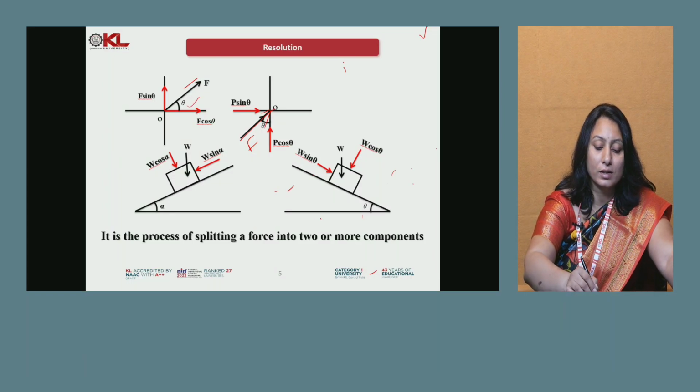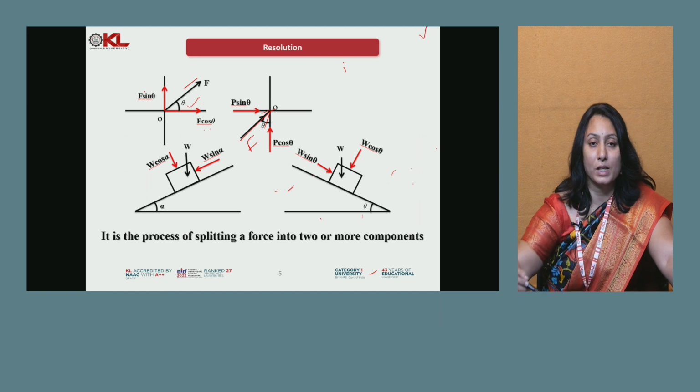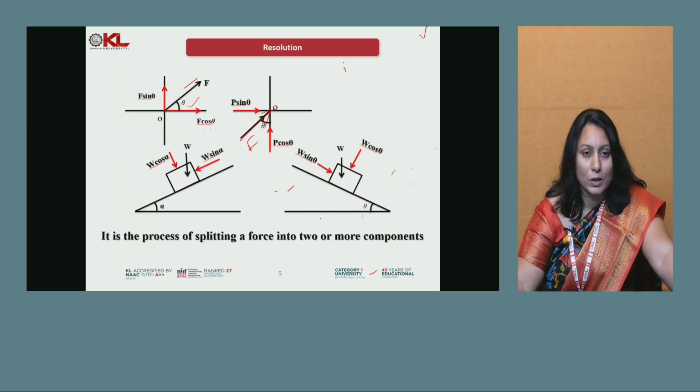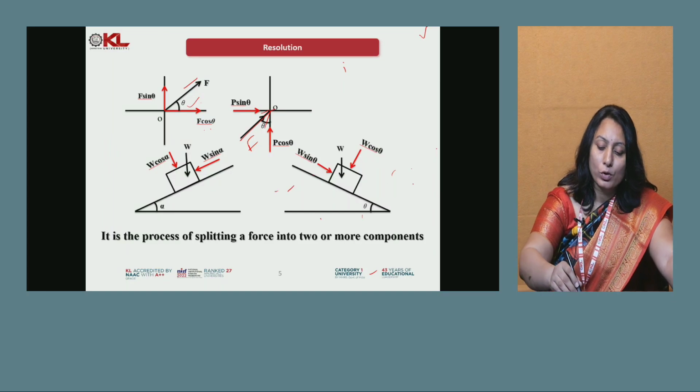Here theta is like this, so always adjacent beside theta we need to write F cos theta, and the opposite is F sin theta. As we already know, cos theta is equal to adjacent by hypotenuse and sin theta is equal to opposite by hypotenuse. So always remember, you need to write cos theta beside theta, that is adjacent to theta, and sin theta opposite to theta.